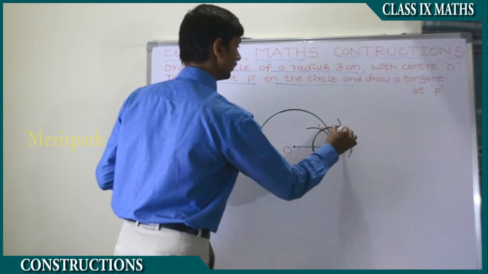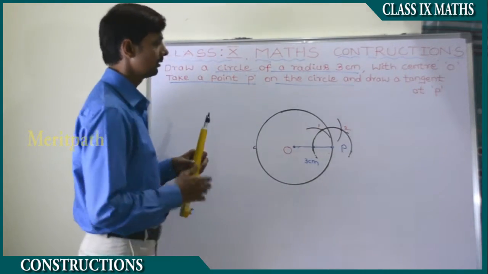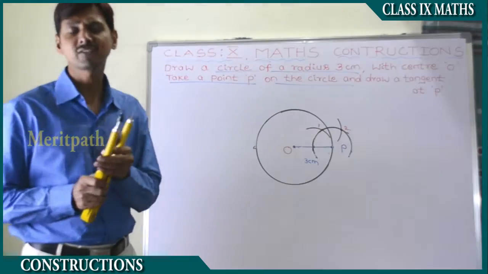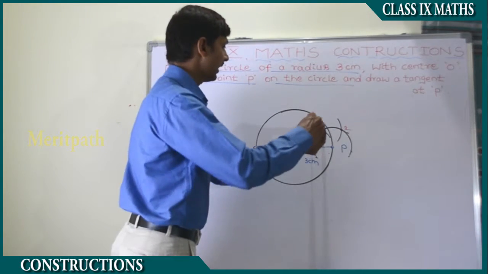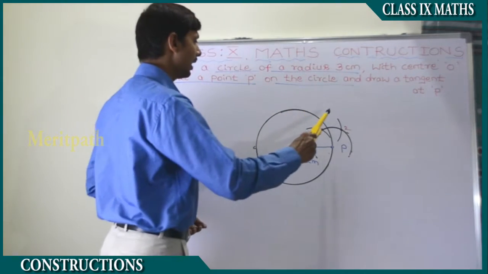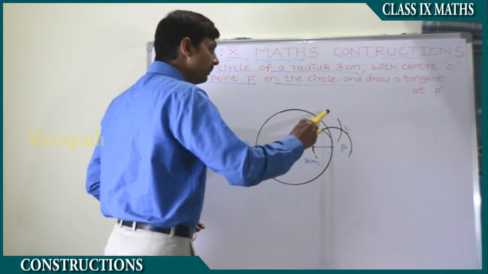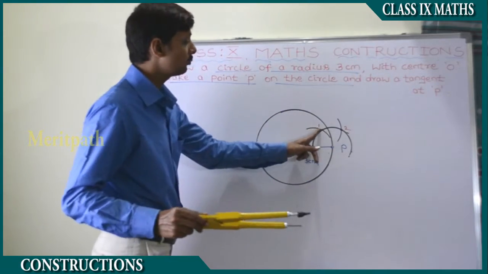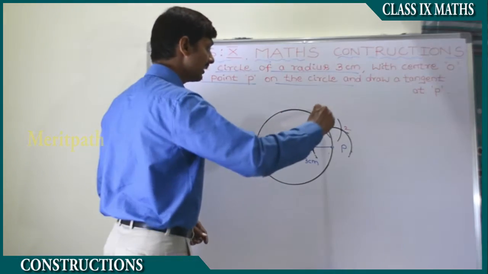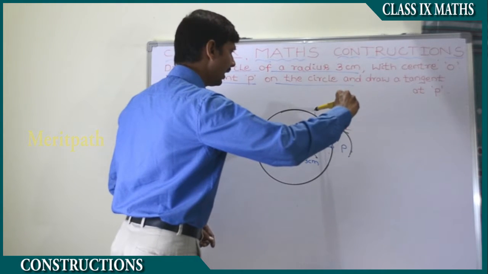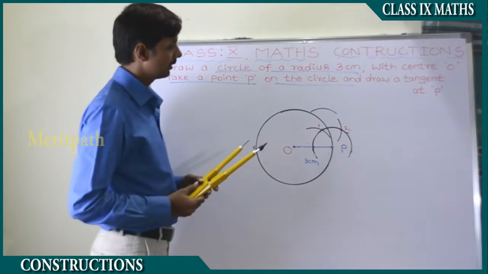Using these 2 points, take some radius, we can use the same radius, 2 centimeters, which we have taken previously. Using the point 1, let's take point 1 here and 2 to understand it. So we have taken the point 1 and make an arc like this above it.